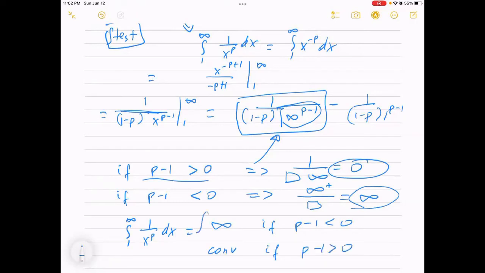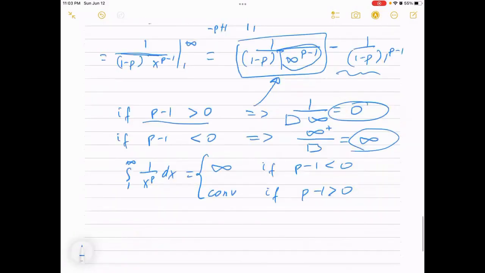So that's what we got. Don't forget we have some extra coefficient here. So the integral from 1 to infinity of 1 over x to the p dx is going to be convergent if p is bigger than 1. Infinity means divergent. Divergent if p is going to be less than 1.